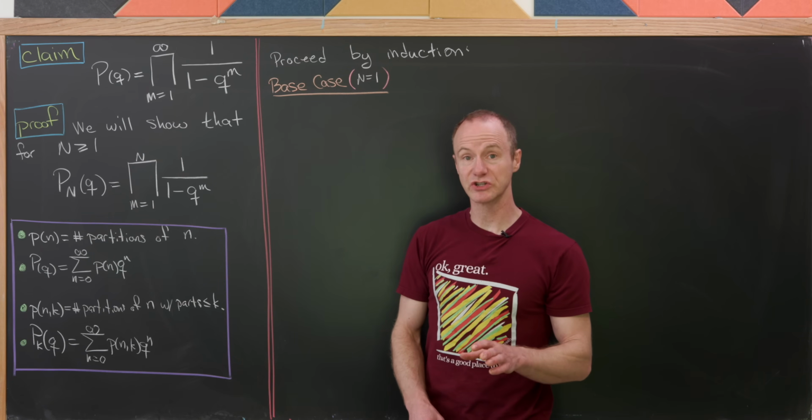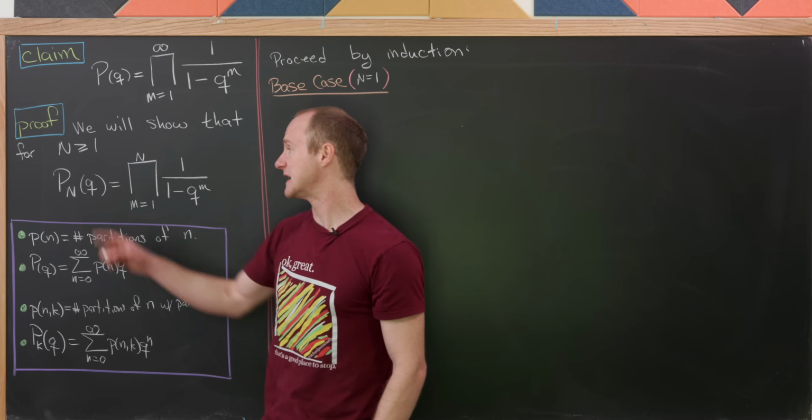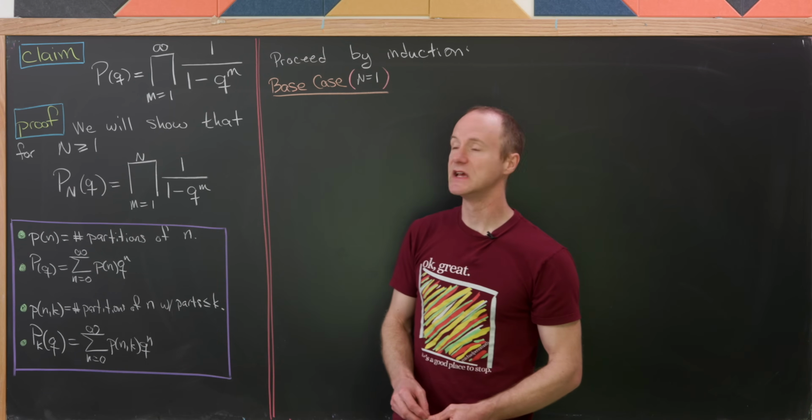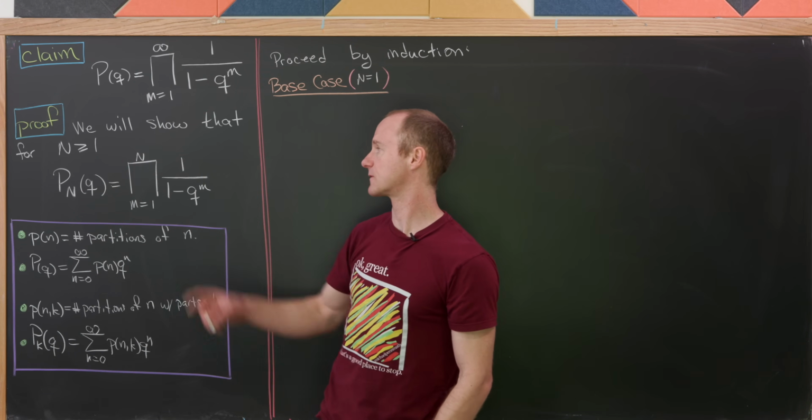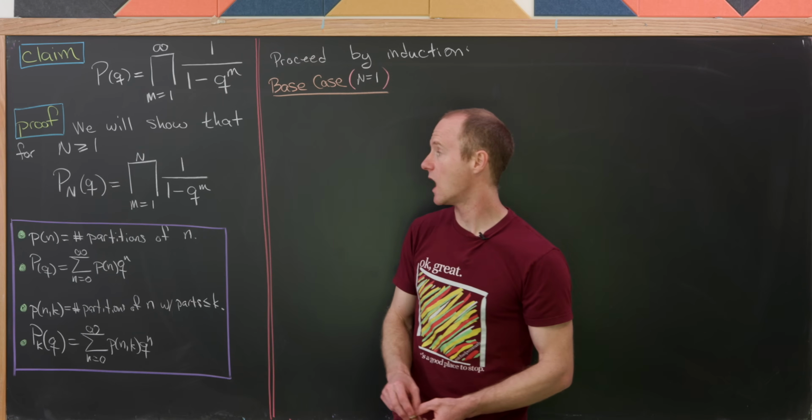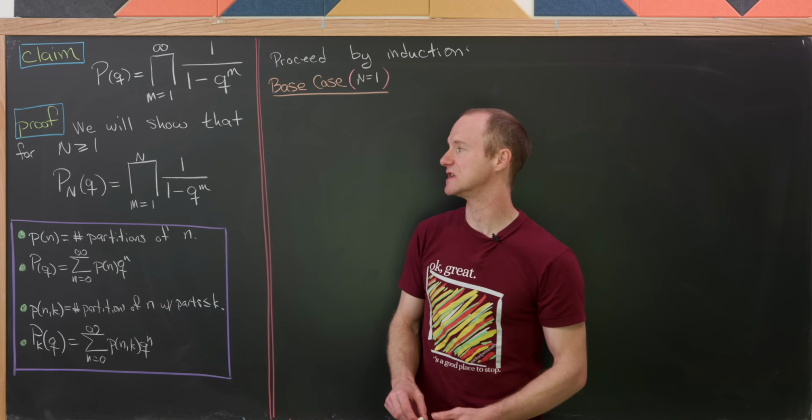And so what we'll do is show that this p sub capital N of q is equal to the product as m goes from 1 to N of 1 over 1 minus q to the m.